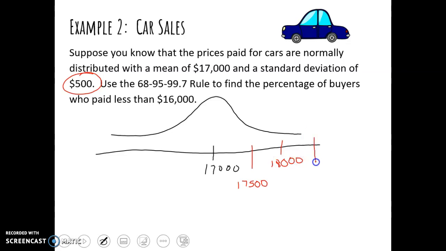And if we go up 500 more, we get 18,500. If we go the opposite direction, if we go down 500, we get 16,500. If we go down 500 more, we get 16,000. And if we go down 500 more, we get 15,500.